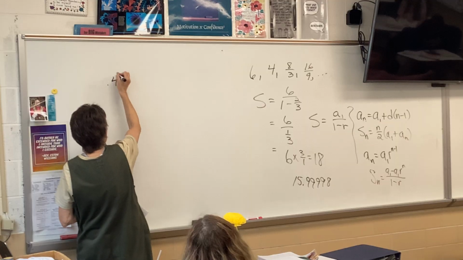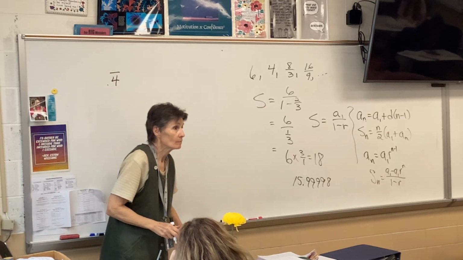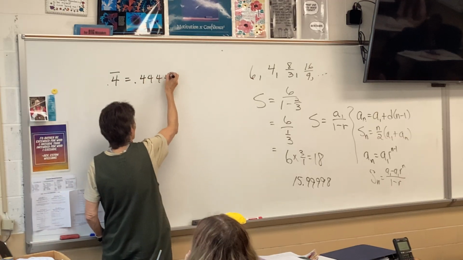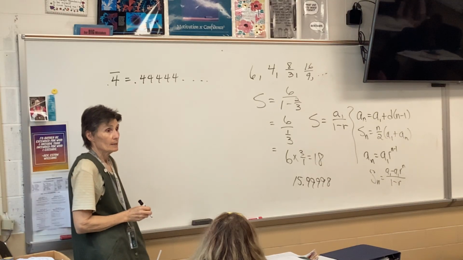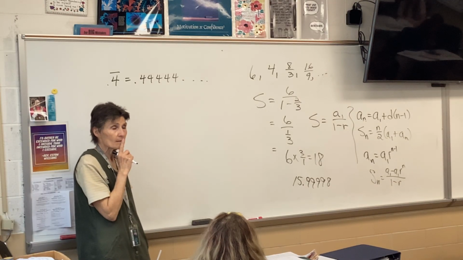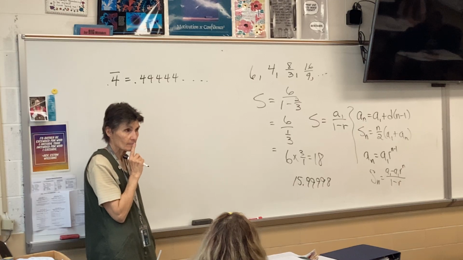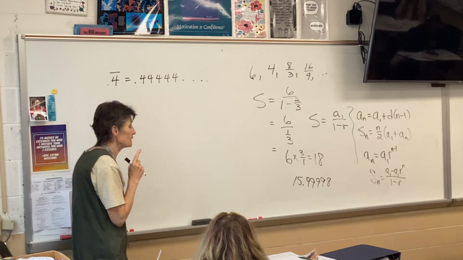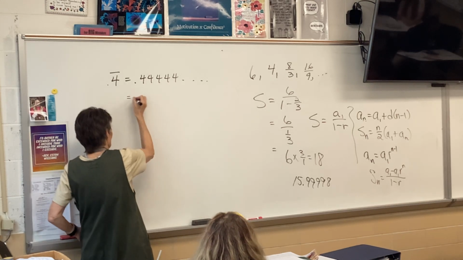What does that mean? So it's 0.4444, and so on, right? Is that infinite? Yeah. Is it geometric? Well, actually it is. You've got to kind of open up your mind here.